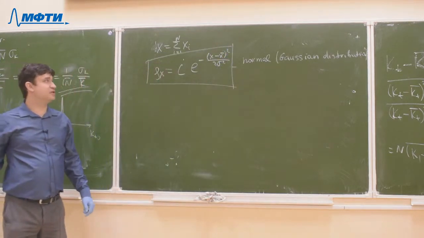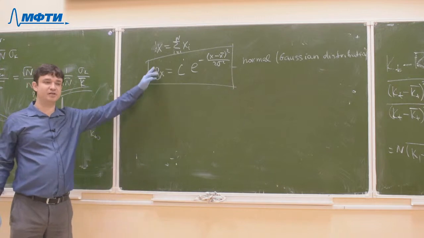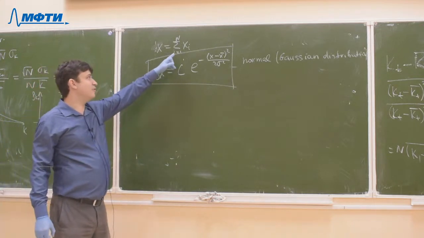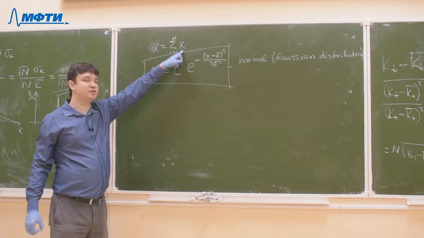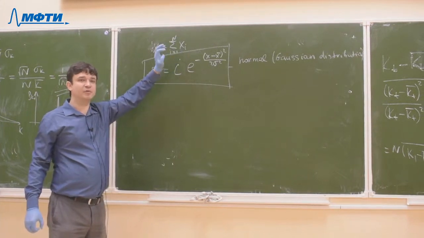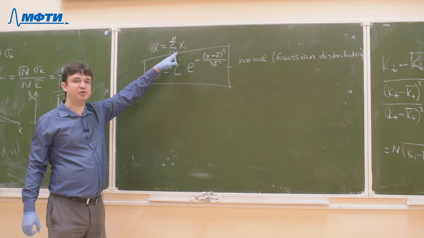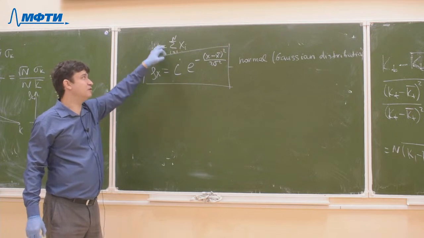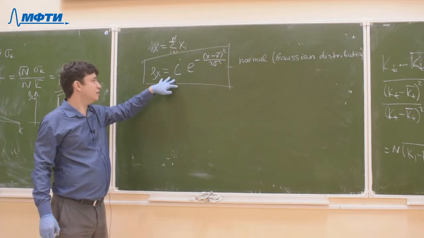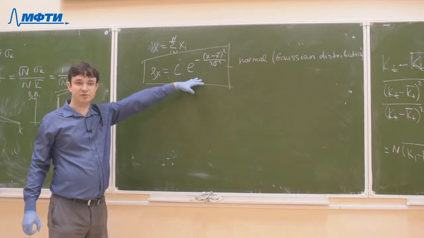The best property about this is that it doesn't matter what the probability density of each of these terms looks like. The probability density of each of these terms can be any arbitrary function, but the probability density of the sum of these variables is a normal distribution.